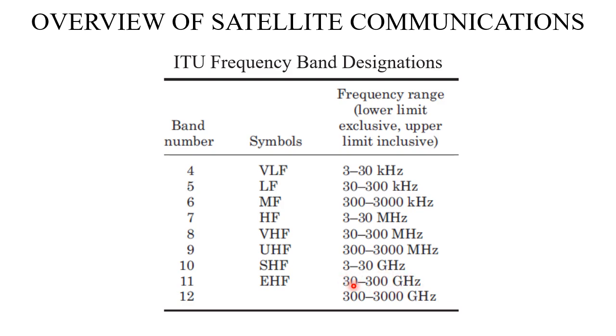And remote sensing, radar, they are actually using this particular range of frequency. And 300 to 3000 gigahertz, actually this range, we don't call this particular range as radio frequency. They are actually termed as infrared region. So we are not going to that part.